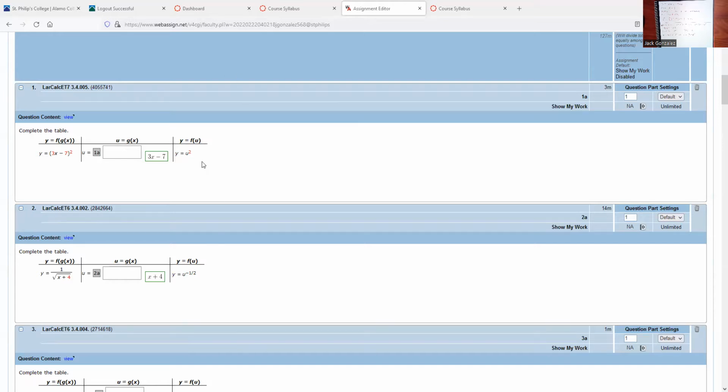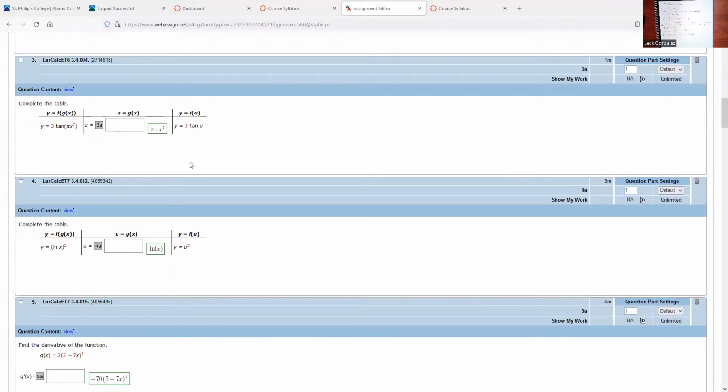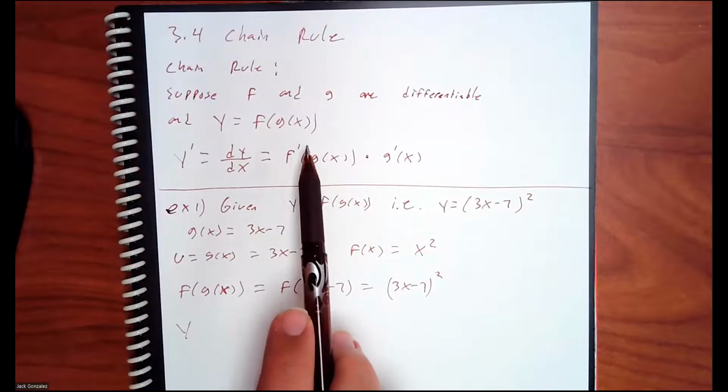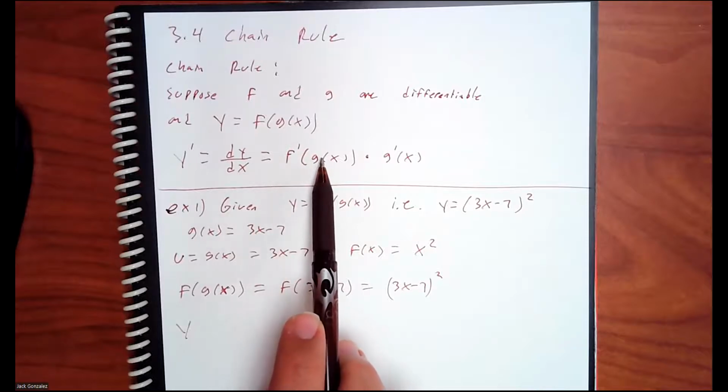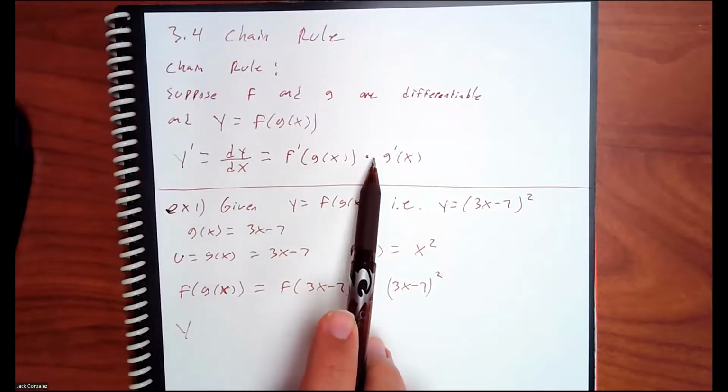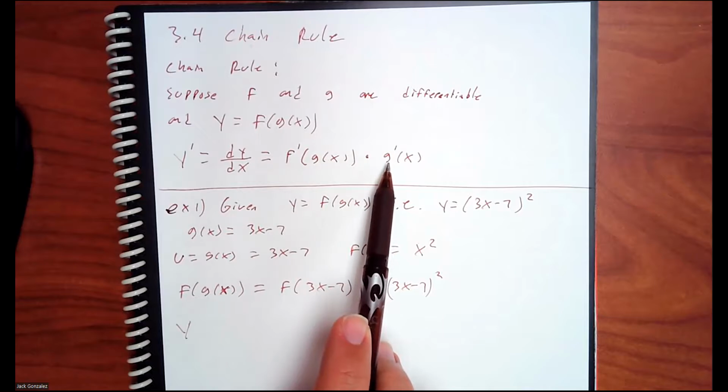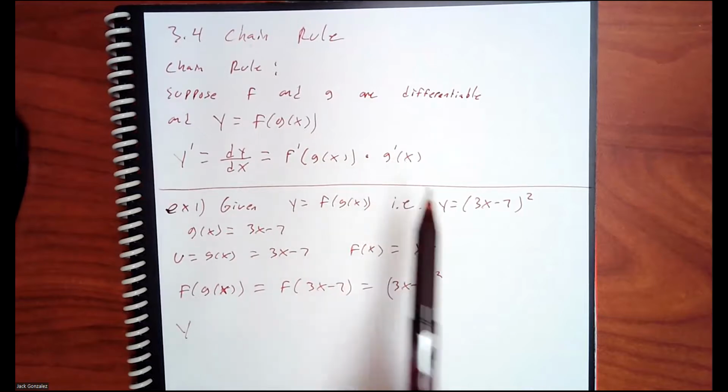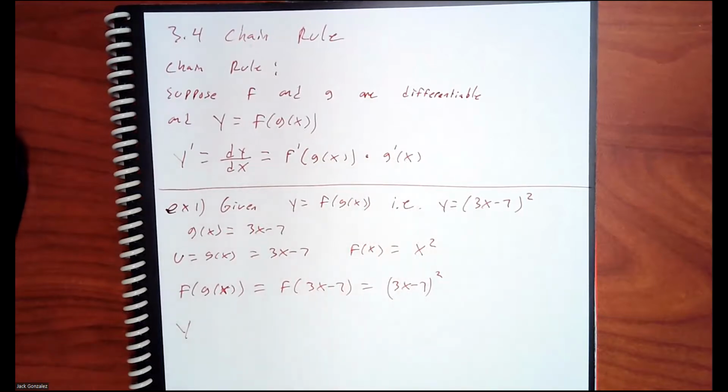Anyway, that's what numbers 1, 2, 3, 4 are wanting. They want you to identify what's the inner and what's the outer, because you need to know which one is which in order to use the formula. The formula requires you take the derivative of the outside without messing with the inside, then you multiply by the derivative of the inside. Okay. If you don't know what is in and out, then you can't do it.